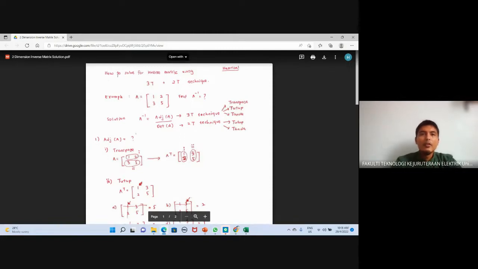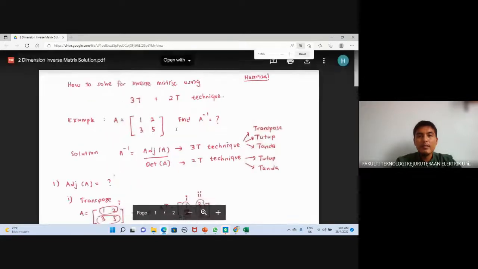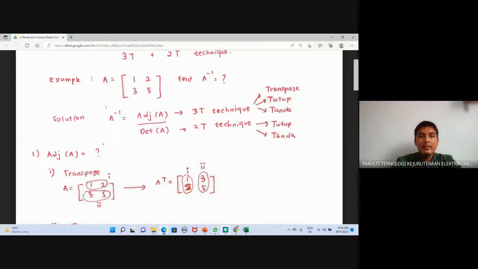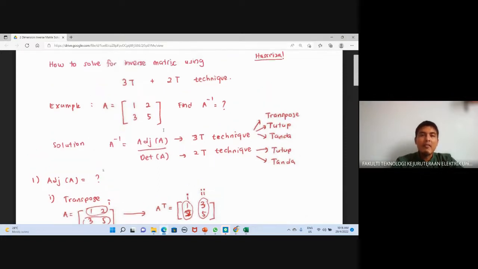So how to solve for the inverse matrix? This is the formula: if you have A, the inverse is the adjoint of A divided by the determinant of A. So you need to find the adjoint of A, and also the determinant of A. This is a technique that I developed by myself.